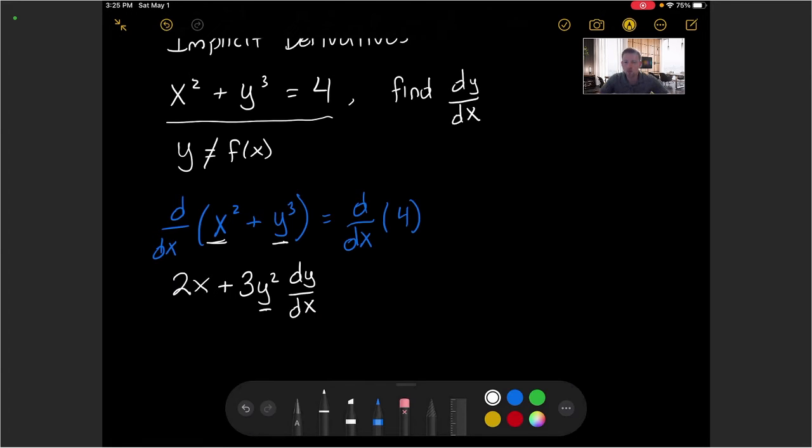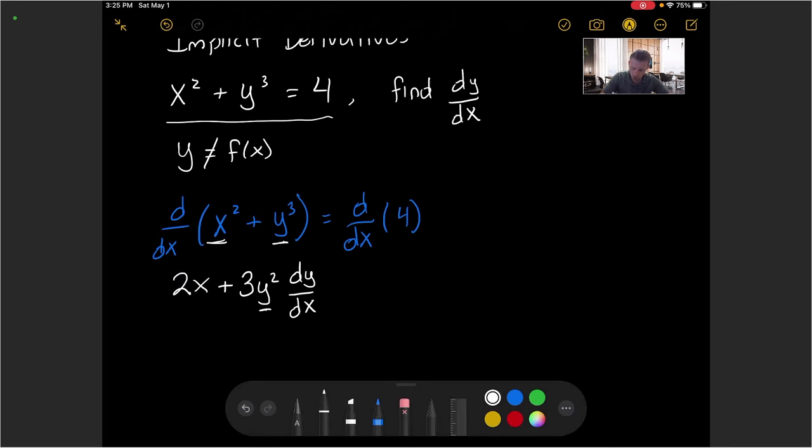So whenever we're representing a y term here and taking its derivative, we need to attach this dy/dx because of the chain rule involved here. So that would be the derivative of the left side of that equation.